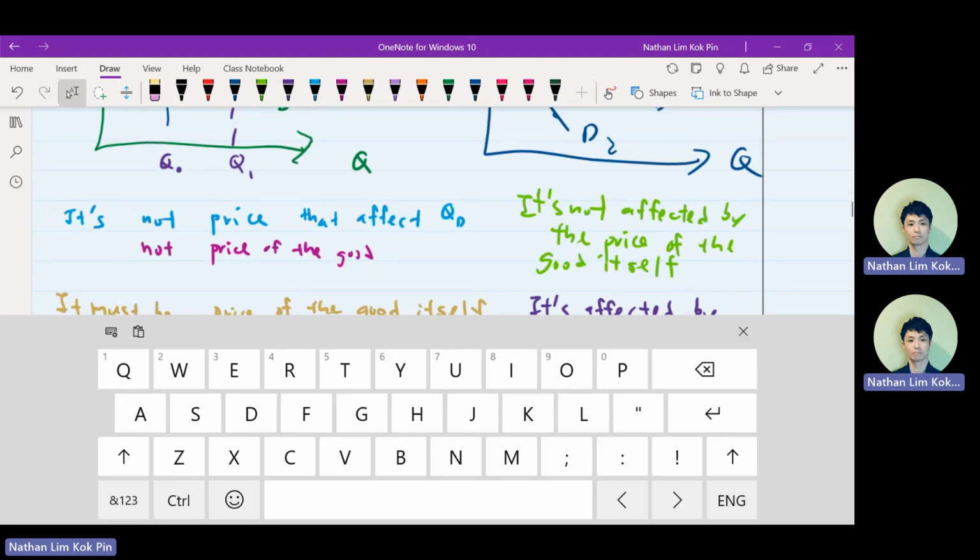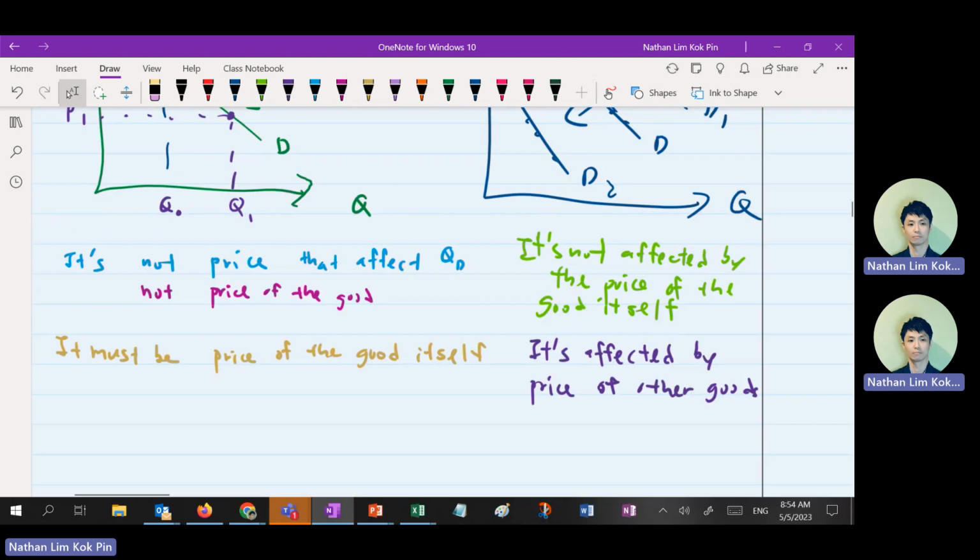Make sense? Just now I said what? Price of Samsung will not affect Apple quantity demanded, but price of Samsung will affect Apple demand. Do I need to repeat? One more time.